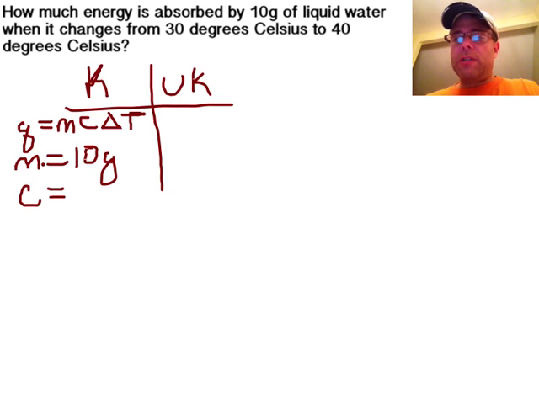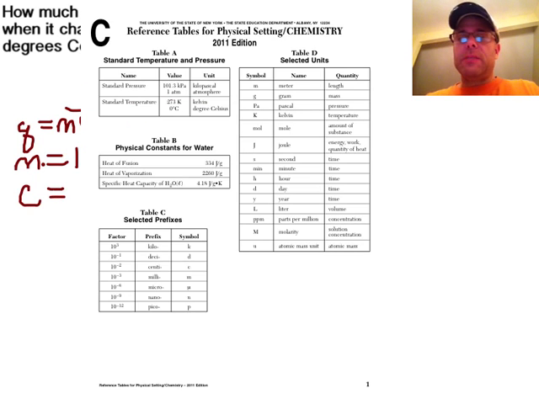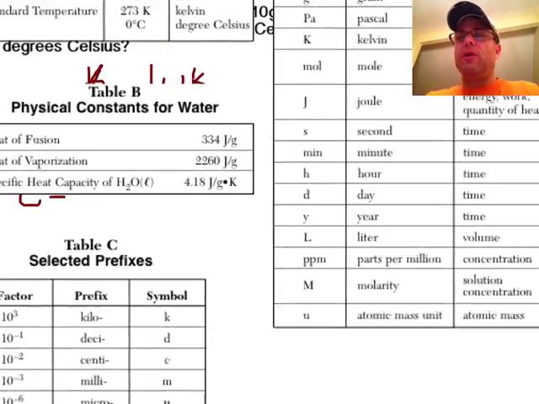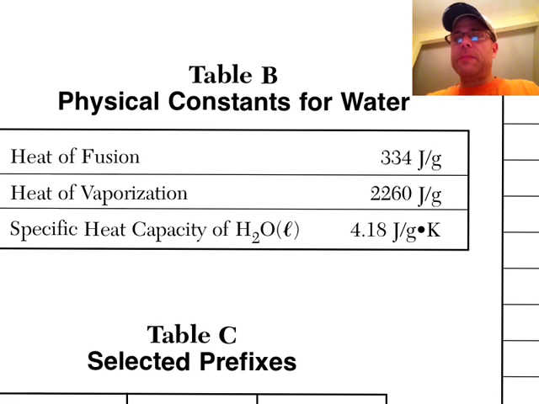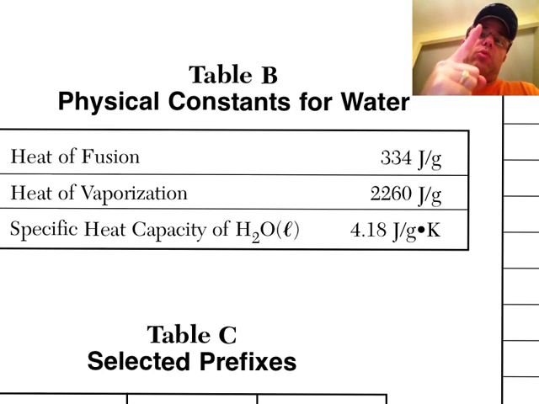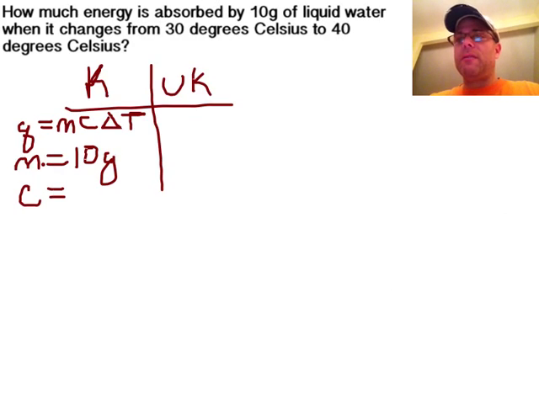I'll show you right now what C is. C is the specific heat capacity for a substance. In this case, we're dealing with water. And the specific heat capacity for water is 4.18 joules per every gram of water that is increased 1 Kelvin. Now, we have to remember that every single time we increase or decrease 1 degree Celsius, we are changing the same amount in Kelvin. So 4.18, let's remember that.